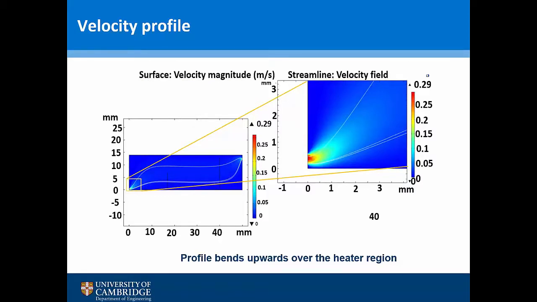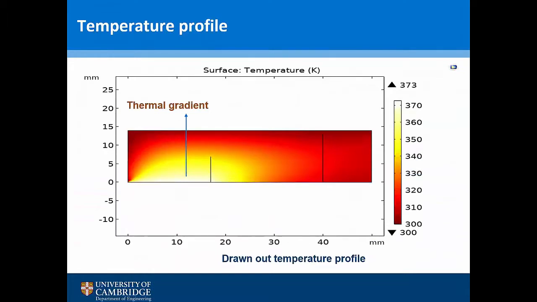You can clearly see the bending profile here as the fluid flows on top of the heater, and the streamline here also shows how that happens. This tells us that thermophoresis pushes up on the fluid flow. The particles, given that they have different sizes, in this simulation we have used exactly the same particles but different sizes, so they rise to different height levels within the system.